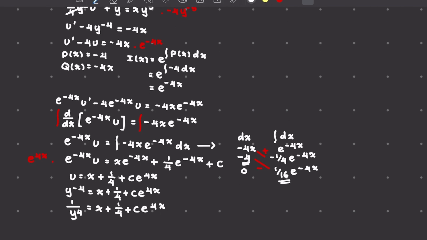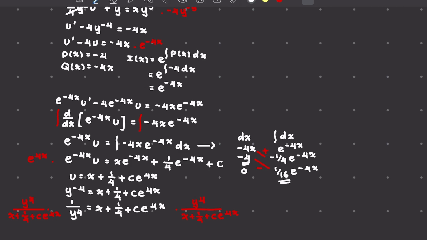And we can multiply both sides by y to the power of 4 over x plus 1 over 4 plus c e to the 4x, and also the other side by the same terms.